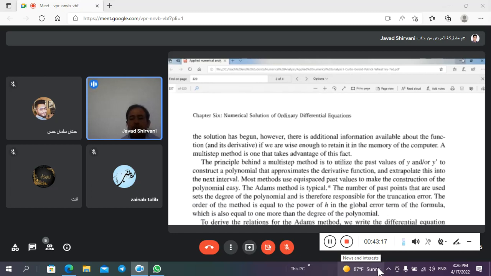For example, if you remember in the previous numerical course, the numerical approaches for finding integrations numerically, Romberg's approach used the same idea as the multi-step approach of trapezoidal with different steps.